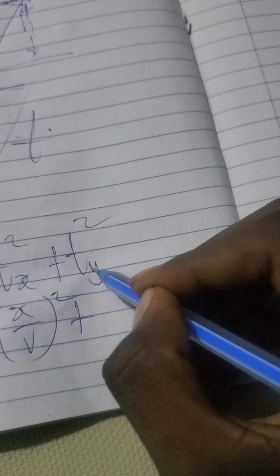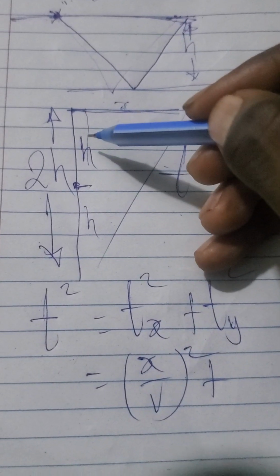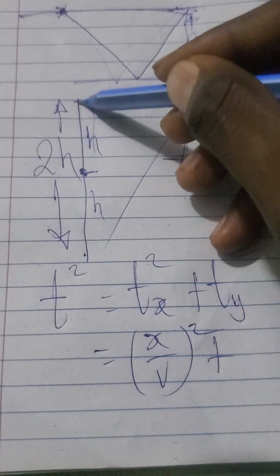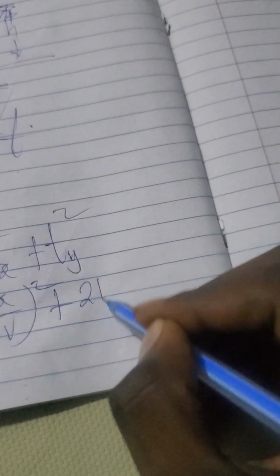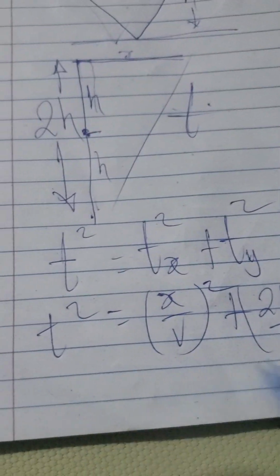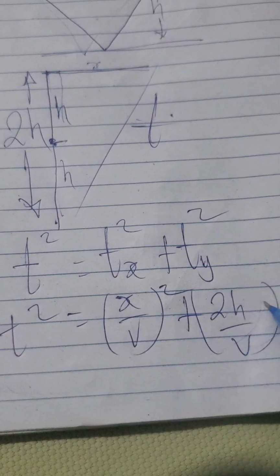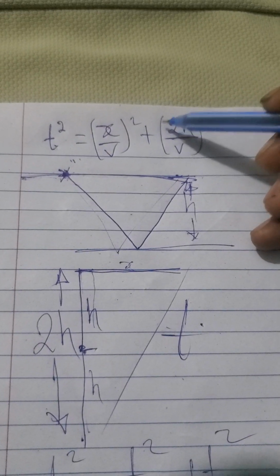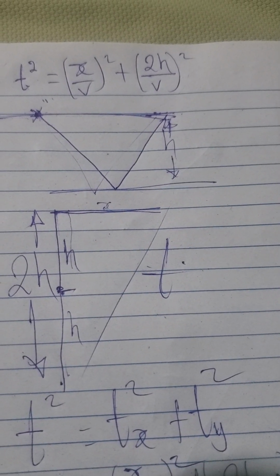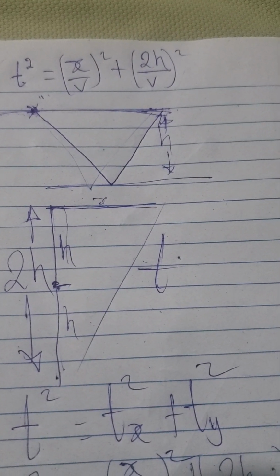And the time traveled along y, I mean vertically, it has covered the distance h and another h, 2h. Therefore, it is 2h over velocity. If you square this one, again, you will have reconstructed the equation for the total travel time of the reflected waves. That's how you can remember this equation.